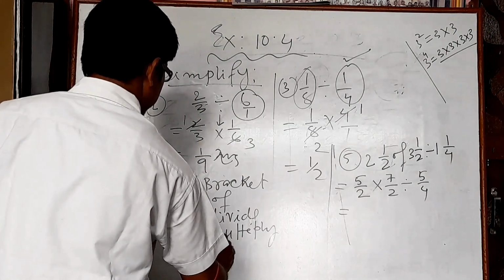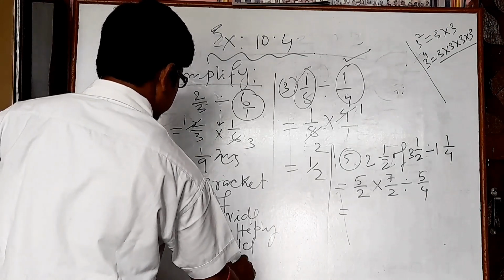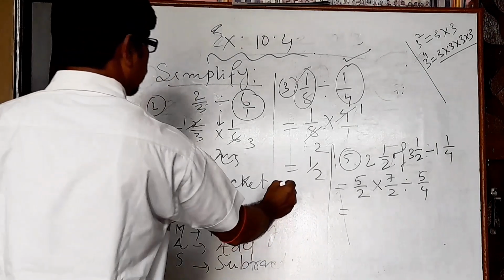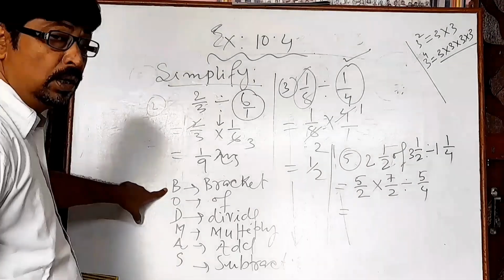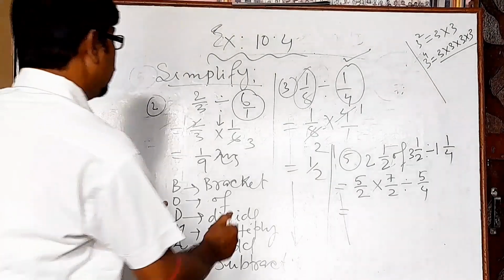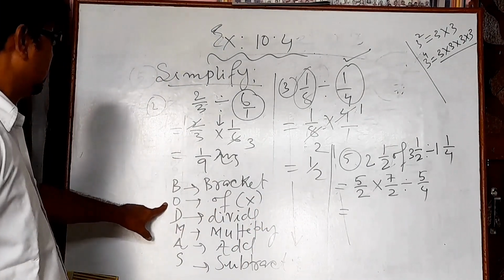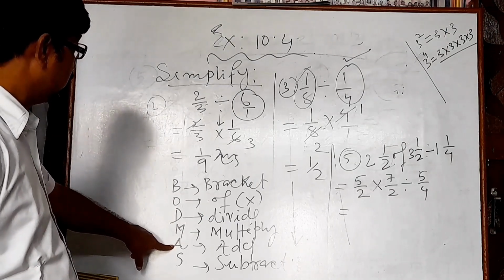A means addition or add. And S means subtraction or subtract. You have to go according to this. If a bracket is there, we'll do the operation of the bracket first, then of, which means multiply, then divide, then multiply, then addition, then subtraction.